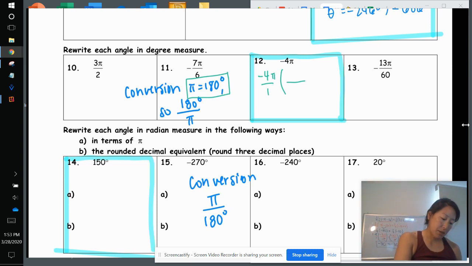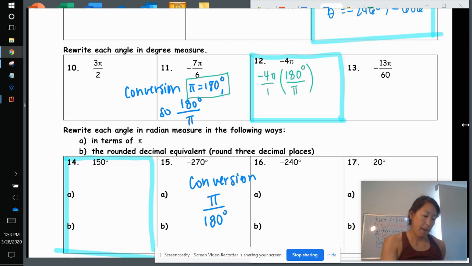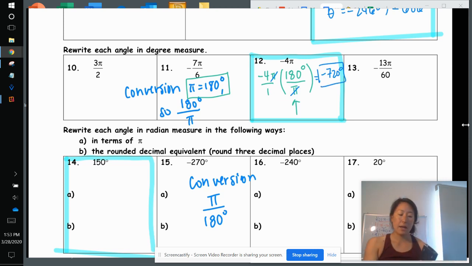So I want degrees, I'm going to put 180 degrees on the top. And I want to cancel out the pi part, the radians part. So this is my unit conversion. It is 180 per pi. Okay. So I notice that my pi's cancel, and then I'm just multiplying 180 times 4, which is equal to negative 720 degrees. So negative 4 pi is equal to negative 720 degrees.